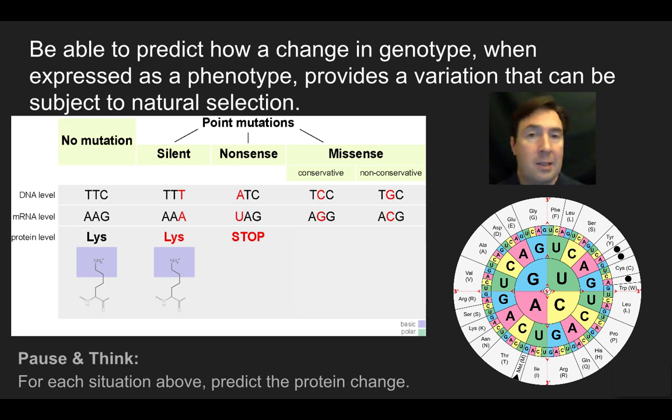That leaves us our last two examples, which are missense mutations. We have what are known as conservative and non-conservative. In the case of the conservative, we're going to mutate lysine to arginine. Both lysine and arginine have similar properties; they both have basic side chains.